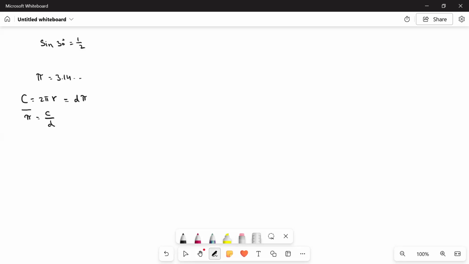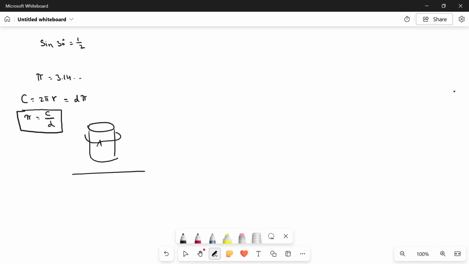This is a very interesting thing, that the value of pi is nothing but the ratio of the circumference to the diameter. You can do it yourself. Take any circle, any cylindrical box or whatever, any can. Put a thread around it and measure the length of the thread.